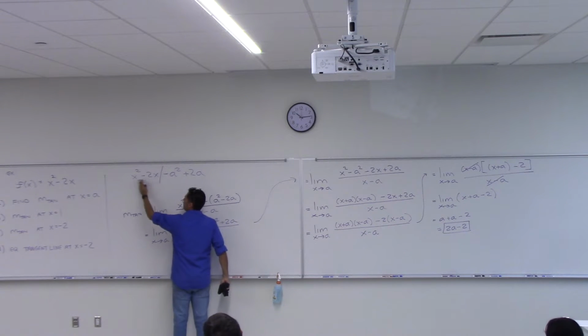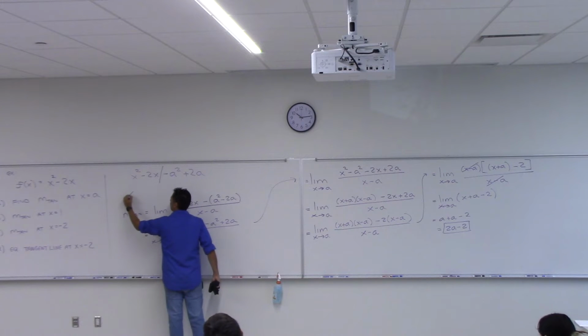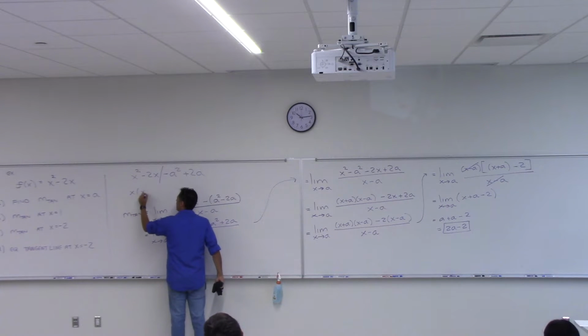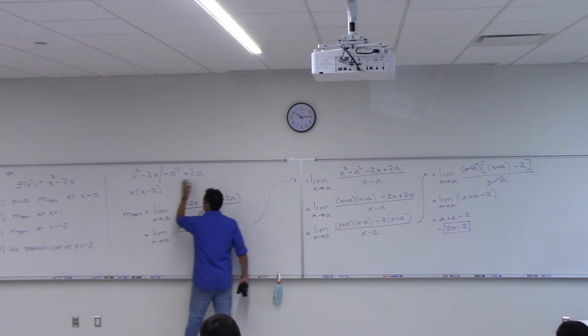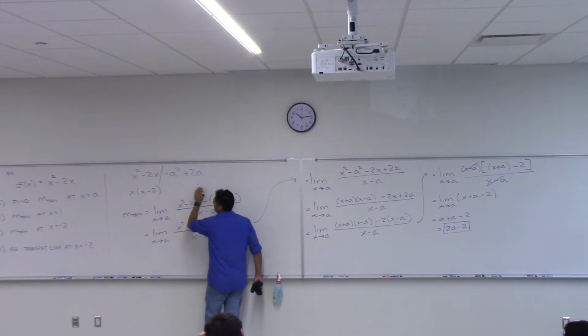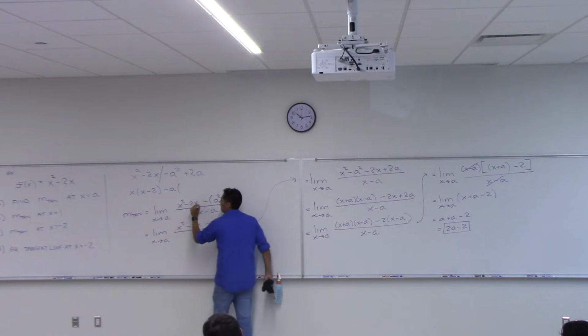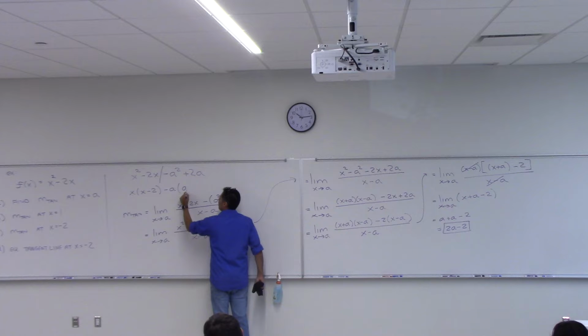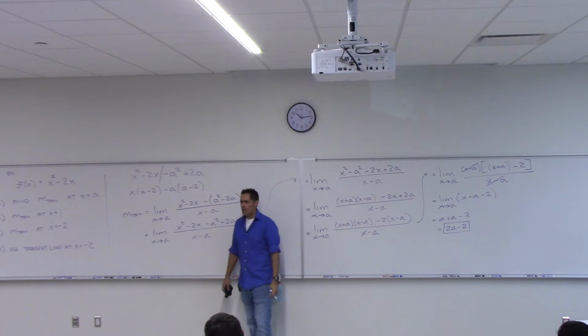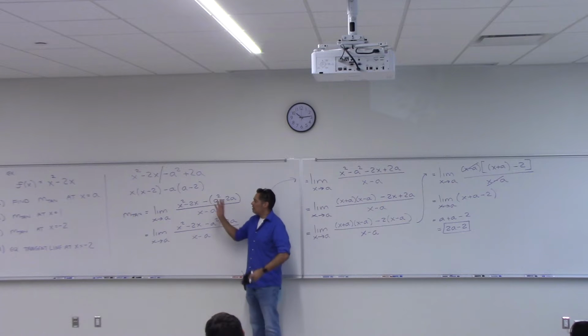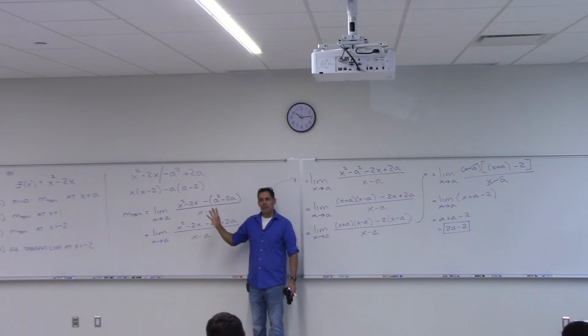Like, what could you pull out of both of those? X, what would you be left with? X minus 2, right? And then over here, what could you pull out? An a or a negative a, up to you, right? Could I pull a negative a out? And what would I be left with? A minus 2, right? Does that work? Does that grouping work?